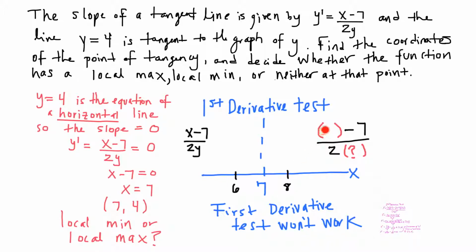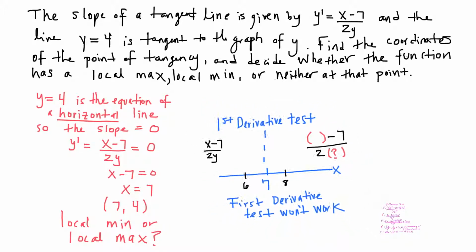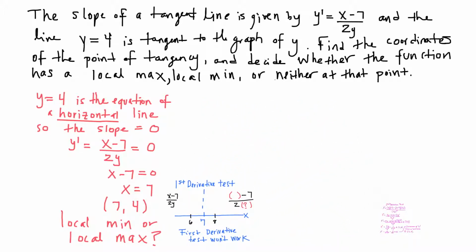I can only plug in 8 or 6, but not its y value. And because they did not give us the original function anywhere here, there's no way to figure out the y's for these two. And so the first derivative test just will not work in this case. Okay? This is important. It will not work.